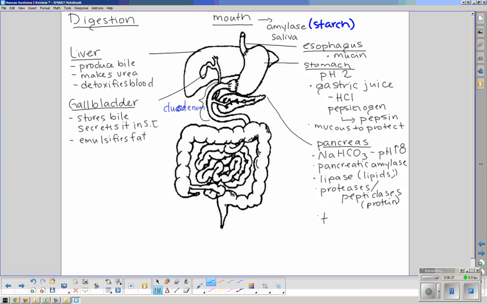And another special enzyme, trypsinogen, is inactive and activates to form trypsin, which is responsible for protein digestion in the small intestine.